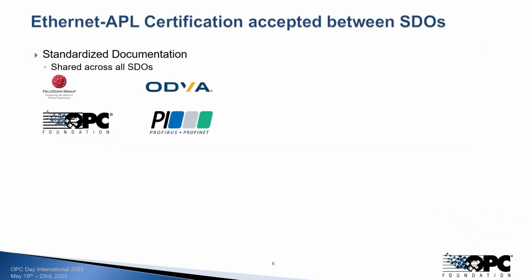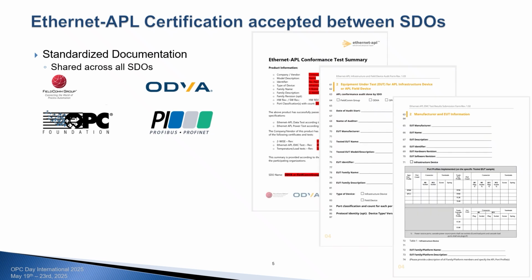So you may want to ask who the Ethernet APL consortium is. It's really made up of a set of SDOs, so standards bodies: FieldComm Group, ODVA, PI, so Profibus, Profinet International, and then, of course, the OPC Foundation. We work together to make sure that there's documentation that allows us to share results. So if you had your product tested in an ODVA lab, you could bring your product to the OPC lab.